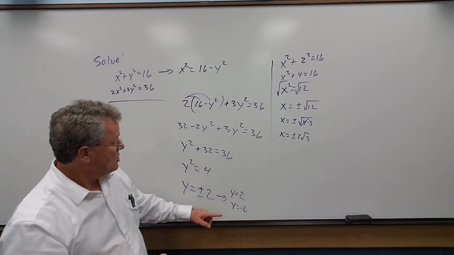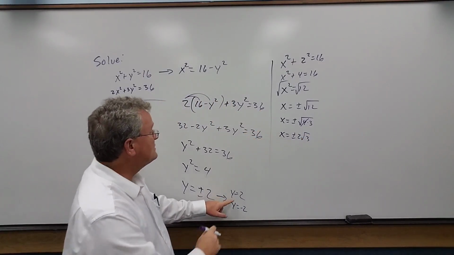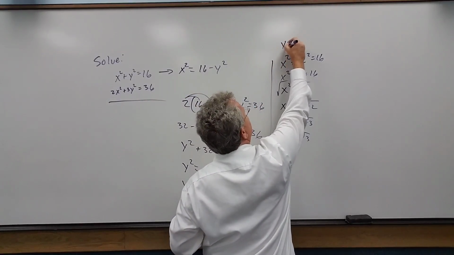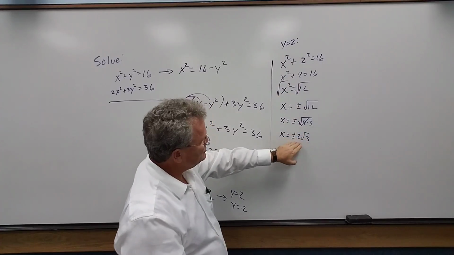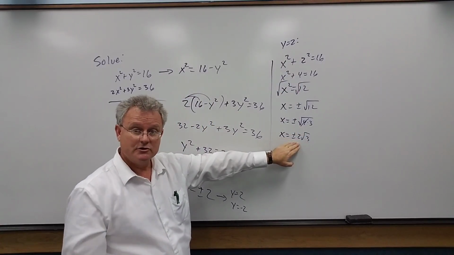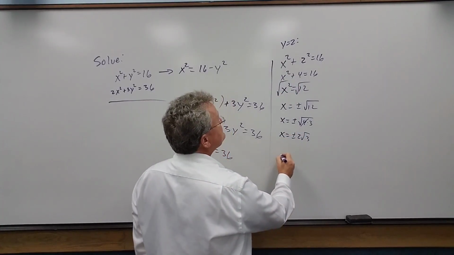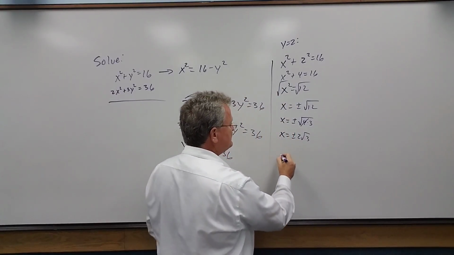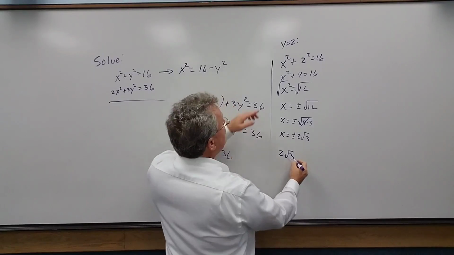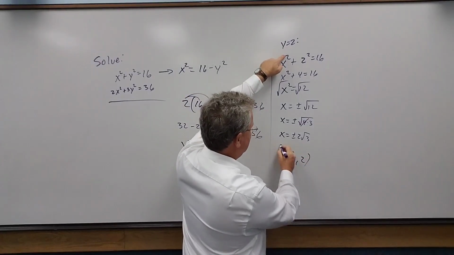So notice, when y was 2, I plugged it in. When y is 2, we get 2 x values. So that means one answer is x is positive 2 root 3 when y is 2.